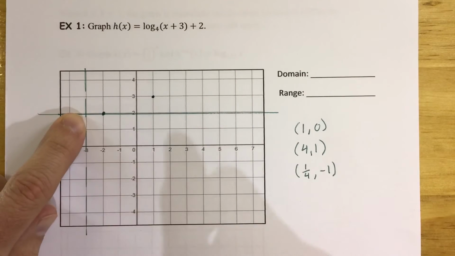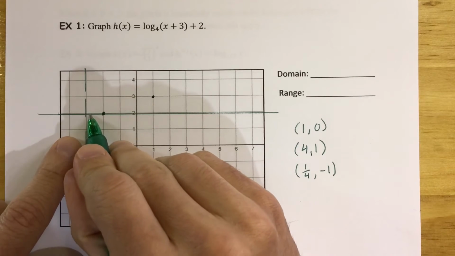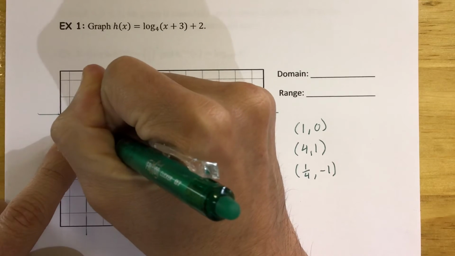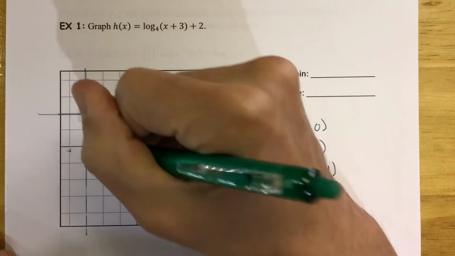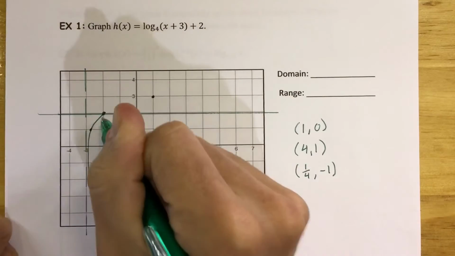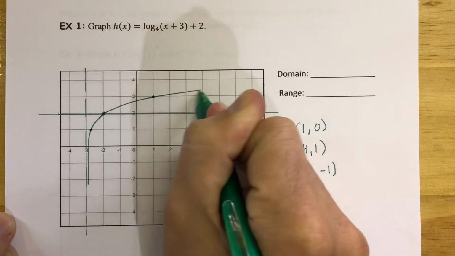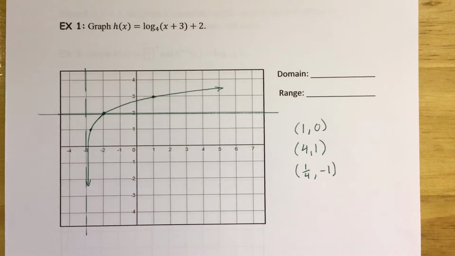You get a point there, and then you've got 1/4 and -1, so just a tad over, but then down to there. That should give you enough that you can create the graph. You've got your asymptote that you get to follow along. These are a bit tough to draw. I'll just draw the arrow there, so I don't have to try too hard, but there's a picture of your graph.